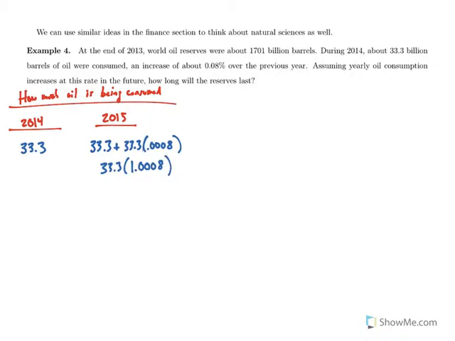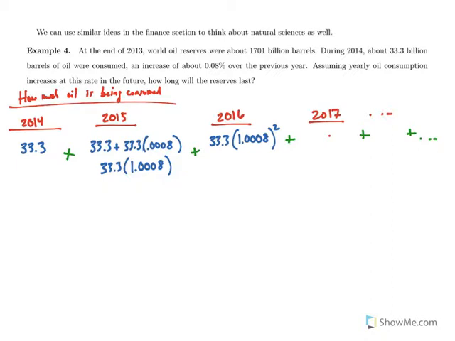In 2016, we're going to have a similar kind of thing. We're going to have the amount from 2014, but we're going to increase by 1.0008 squared. And we just continue in that fashion forever. What we're doing here is this is the total amount consumed, so we are going to be adding these values together.